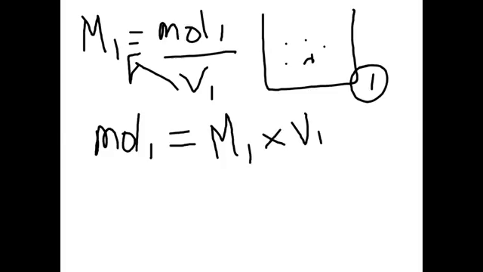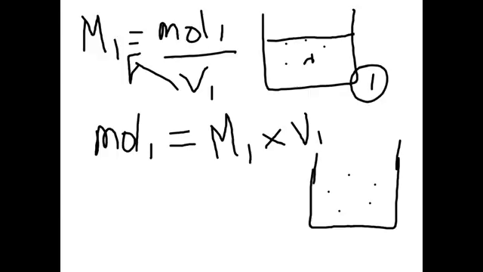Is that making sense? Now we have this much water in here. Let's say we take the same container. We still have the 5 moles, but now what did we do? We added water to here. We diluted it. So what is moles 2 equal to then?